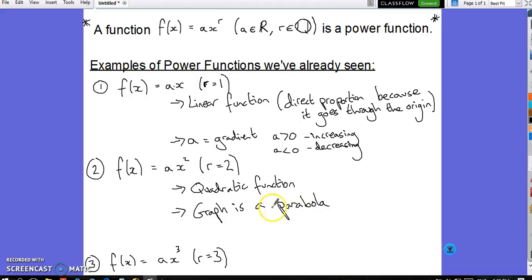And it's going to have a kind of U shape. We know that if a is positive, then our graph looks like this, where we have this U shape upwards. And if a is negative, then we know that the graph is going to be a U shape downwards, also going through the origin.